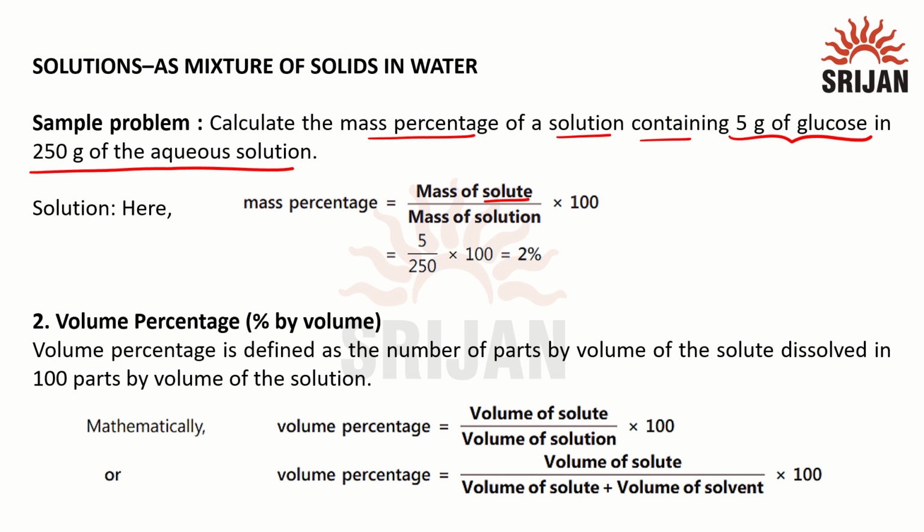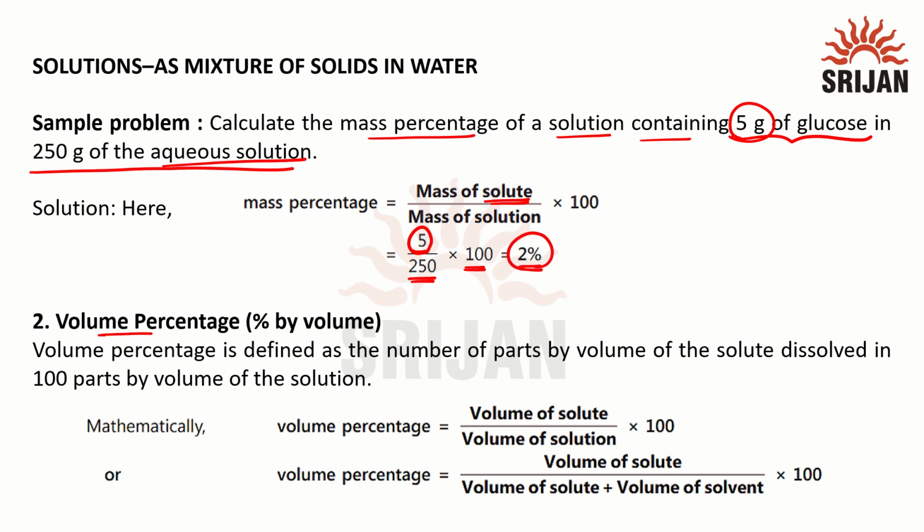Mass of solute here is very clear, that is 5 grams. So in the numerator we have 5, and in the denominator we will put 250, because that is the mass of the solution, solute plus solvent, and we'll multiply it by 100, so we get 2%. So the concentration of this solution is 2%.